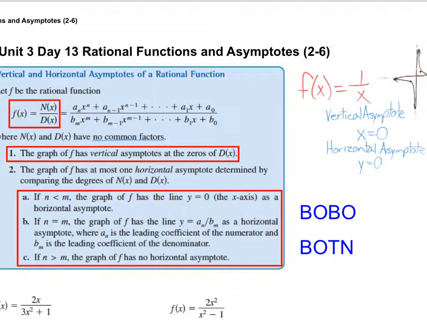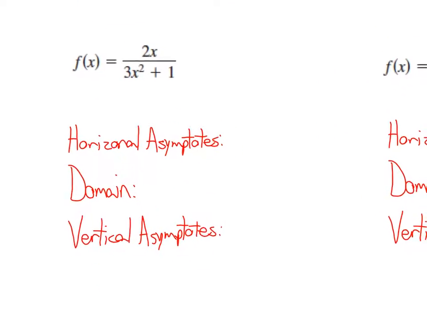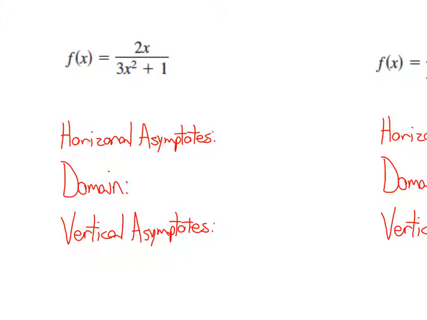So let's try a couple here. Here I have this function f of x equals 2x over 3x squared plus 1. What are our horizontal asymptotes going to be? Let's apply the rule we just learned.